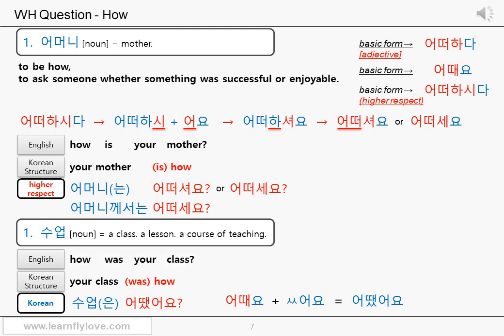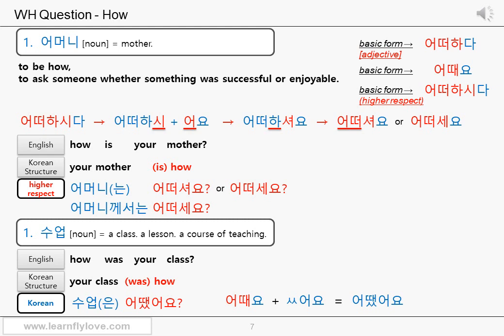Okay, let's move on to the next sentence. How was your class? In this sentence, your class is the subject, which is not a human. Keep that in mind. And we will use how as a predicate. Class is 수업, which means a course of teaching. Was how. It's in the past tense, therefore we should add a double ㅆ consonant to 어때 and add 어요. 어땠어요? 수업 어땠어요?